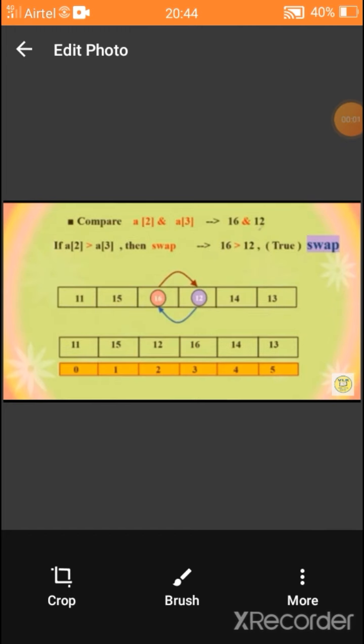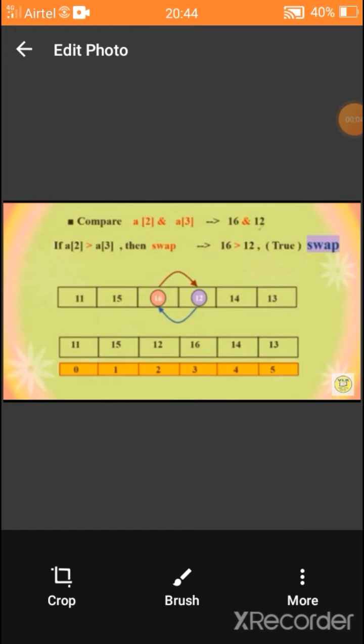Check the numbers 15 and 16. So 15 is adjacent to 16. It is a pair. 15 and 16 are sorted, so there is no swap required. Is it clear? So it just moves to the next adjacent element, that is, 16 is adjacent to 12.